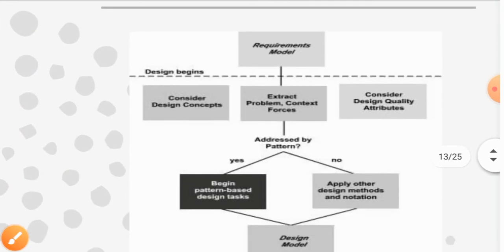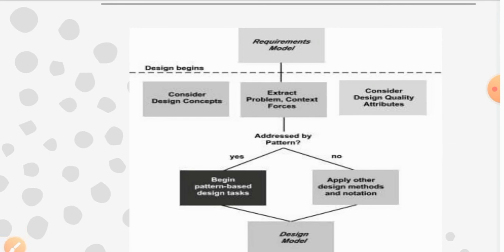You will see here there are the design patterns, considered a design concept. So design begins with the requirements, that is, you are collecting the requirements. After collecting the requirements, consider the design concepts, extract problem context forces, and consider design quality attributes.